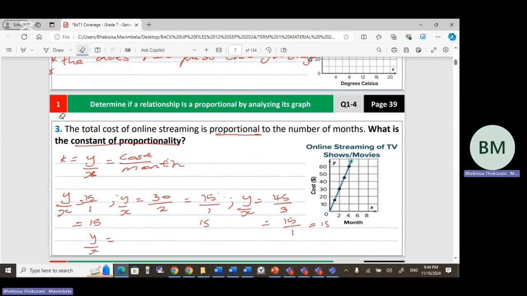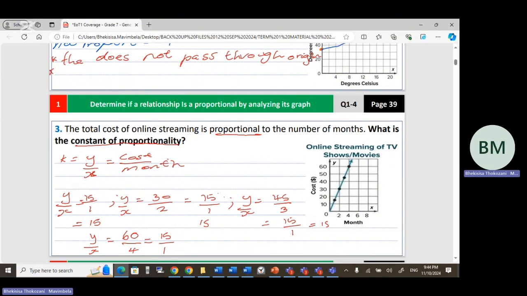So we have 60 divided by 4. And this gives us 15. How many 4s in 6? There is 1 with a remainder, so how many 4s in 4? It's 1.